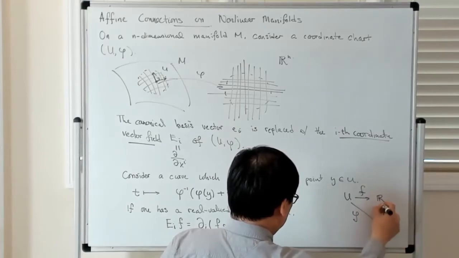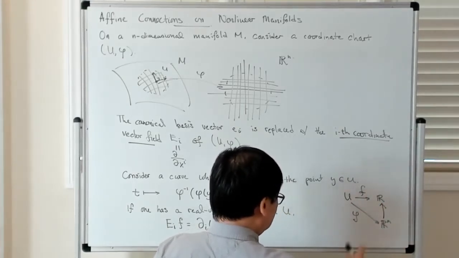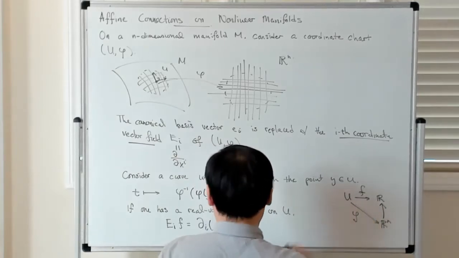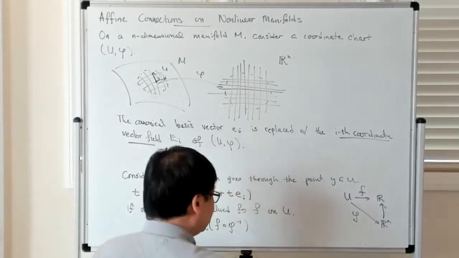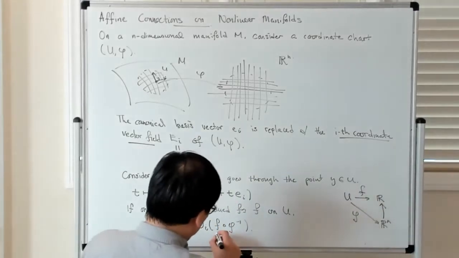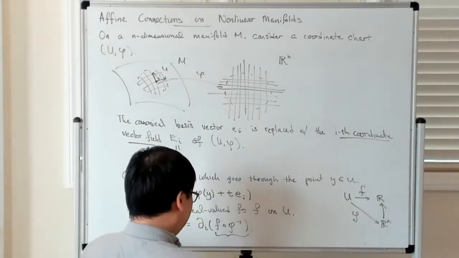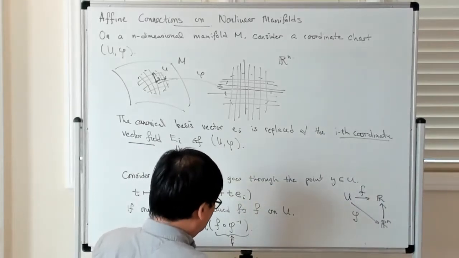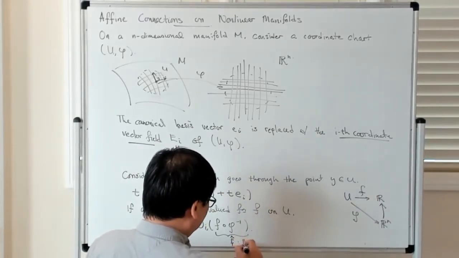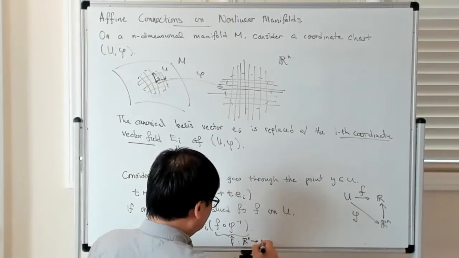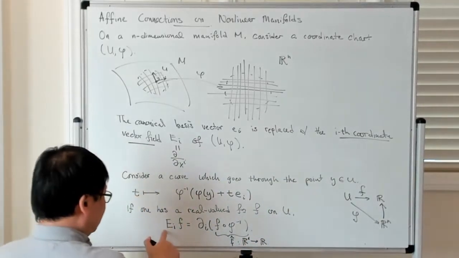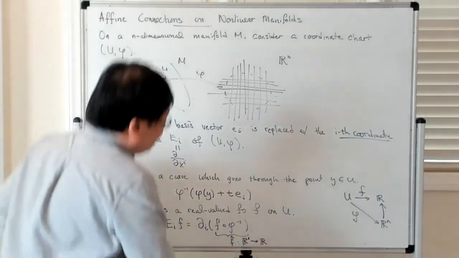The map from Rn to R is the composition of f with the inverse of the coordinate map, which is exactly this expression. This is the local representative of f, sometimes referred to as f hat. Then I can take the usual derivative in the ith component, and that's what this thing is.